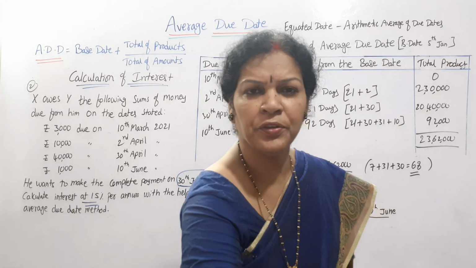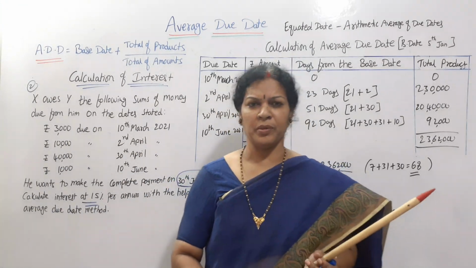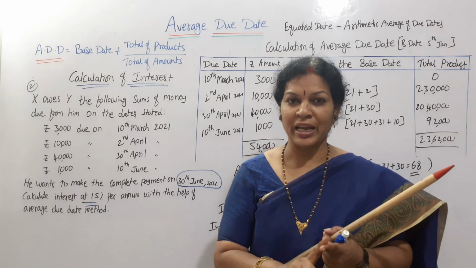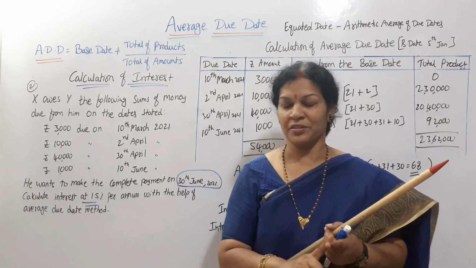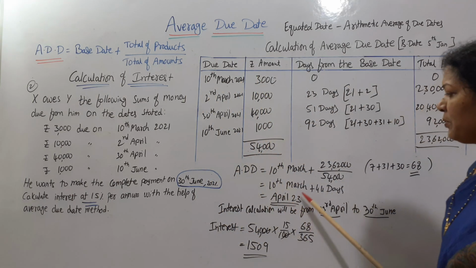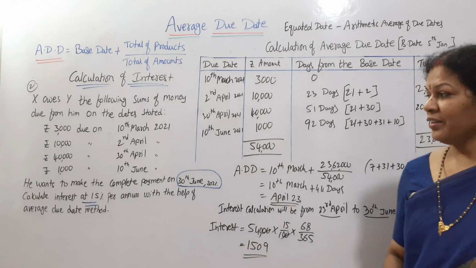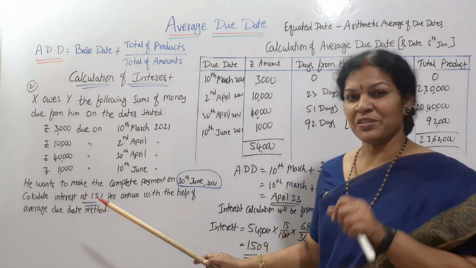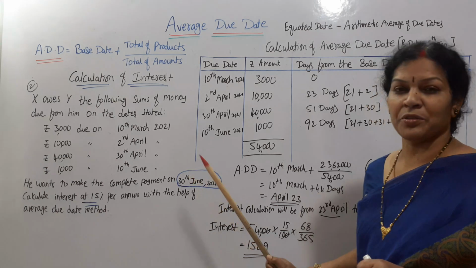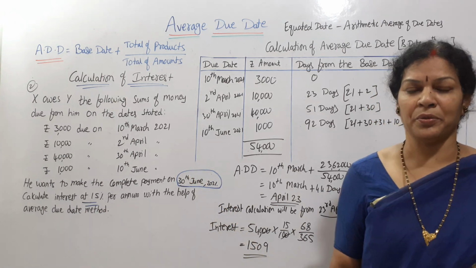The problem is simple. If you understood the last class problem, in the same way, what we have done, average due date we have calculated. We got April 23rd. Now they are saying that that person is going to make the payment on 30th June only. Only one payment he wanted to do.